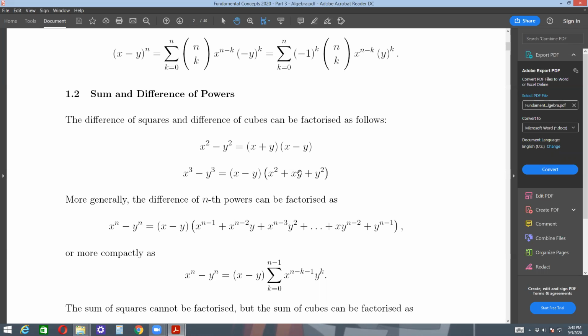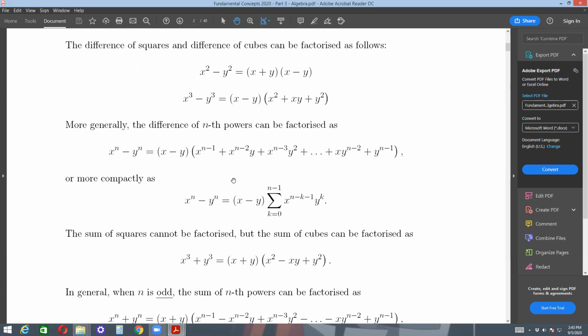So I need to add xy so that I could multiply this by x and get yx² to cancel with this new term. But then when I do that, I have xy times −y, which will be −y²x. So now I need to have plus y² to cancel that term when I multiply it. And you can check that when you expand this, you get back the original thing.